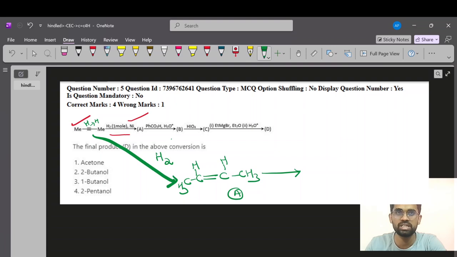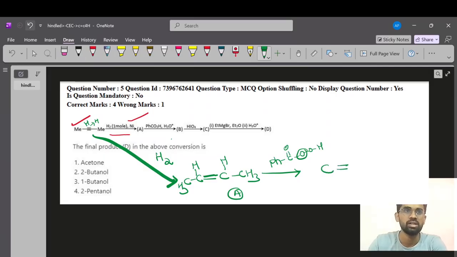Then next, if you see this peracid given. Now what happens? This peracid provides one oxygen atom, so that oxygen atom will react with this double bond and form an epoxide. Epoxides are formed.